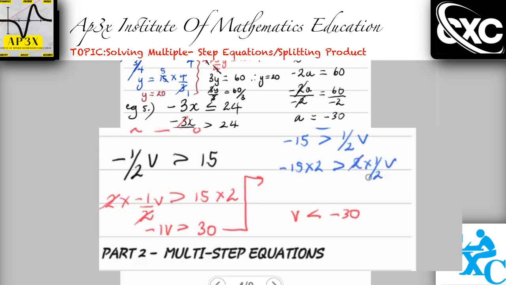Pardon me, I need some space here, so let me erase this section. So this 2 cancels this 2, and therefore, reading it in this direction, v is less than minus 30.